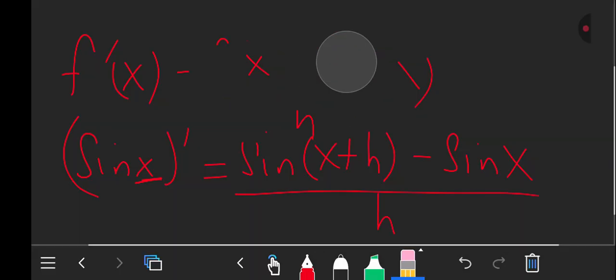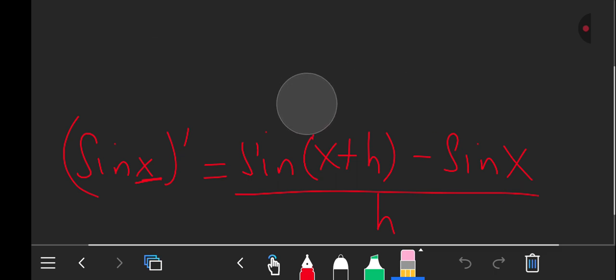So what I'm going to do here, I'm going first to use compound angles for sine. For this one, x plus h.